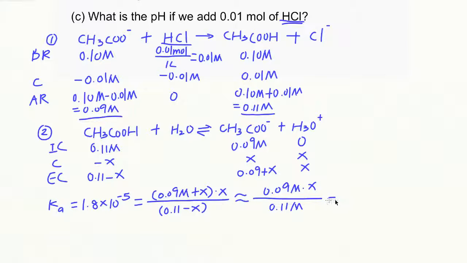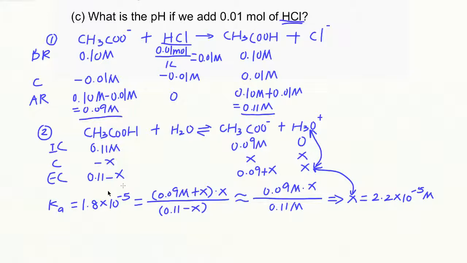So if you solve for x, that is 2.2 times 10 to the negative 5 mole per liter.